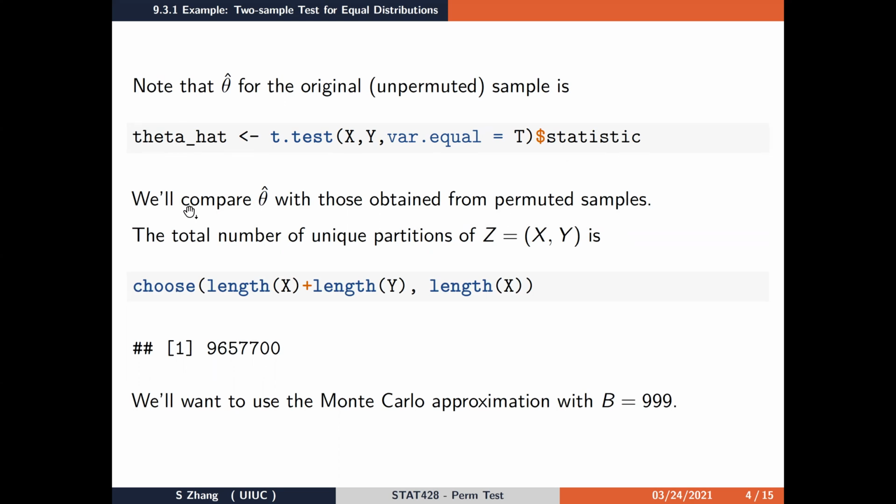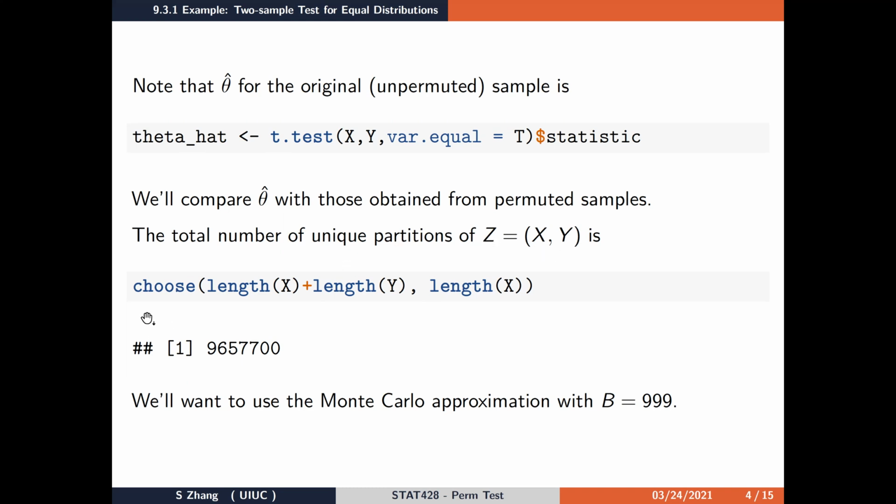What we're going to do in permutation tests is to consider the different kinds of partitions of the union of x and y and see how our observed theta hat compares with those theta hat stars, or theta hat j's, obtained from the permuted samples. How many total possible unique partitions do we have for z equals x and y?